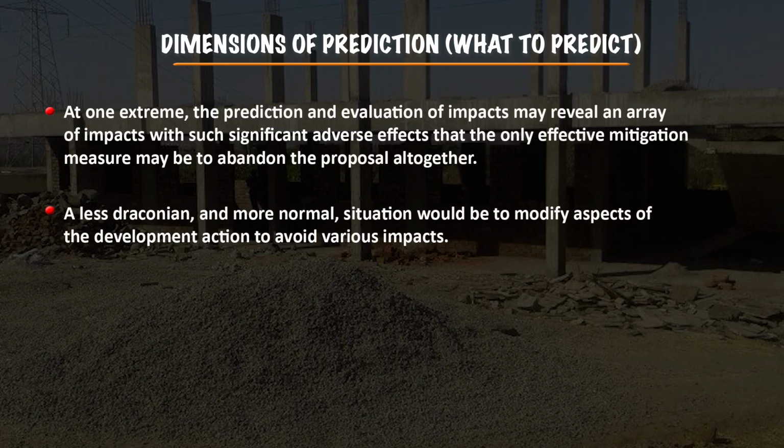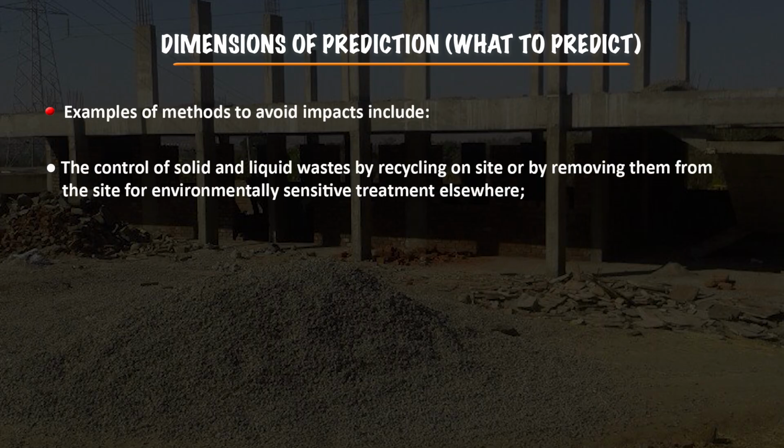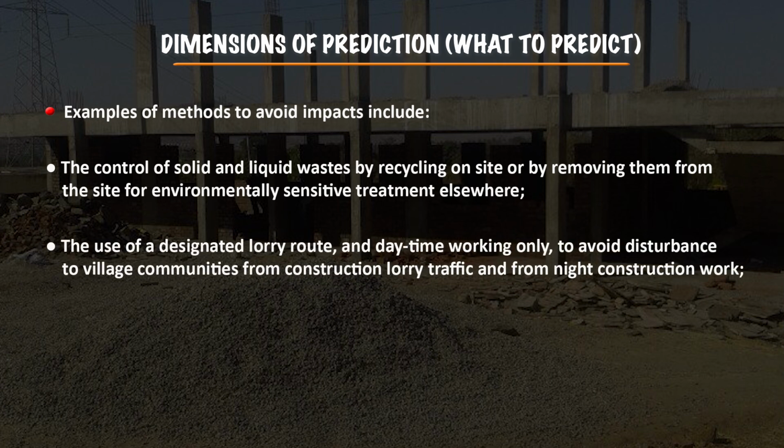A less draconian and more normal situation would be to modify aspects of the development action to avoid various impacts. Examples of methods to avoid impacts are the control of solid and liquid waste by recycling on site or by removing them from the site for environmentally sensitive treatment elsewhere. We can establish a designated lorry route and daytime working only, that means stipulating the time periods, and avoid disturbance to village communities from construction lorry traffic and night construction work.